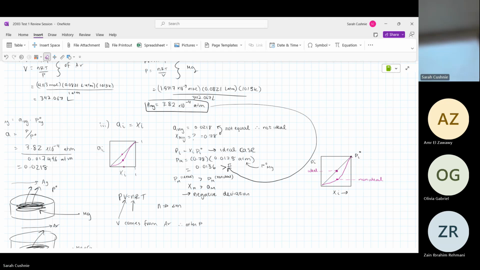On the little graph, the equation is y equals x, and if x is 0.5, the activity is not as high, it's like 0.3, and that's a negative deviation.